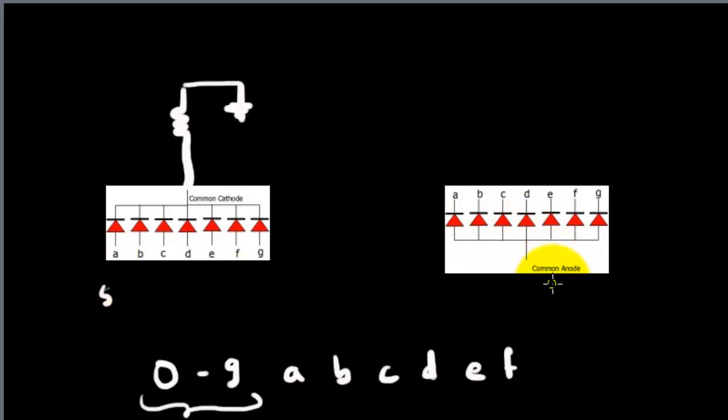Similarly, for common anode, this pin is connected to VCC, or let us say that this is 5 volts, and each of the LEDs is forward biased when we give a logic 0 or ground to this pin. So in common anode, the LED or the segment turns on whenever we give a logic 0. So this is the basics of it.